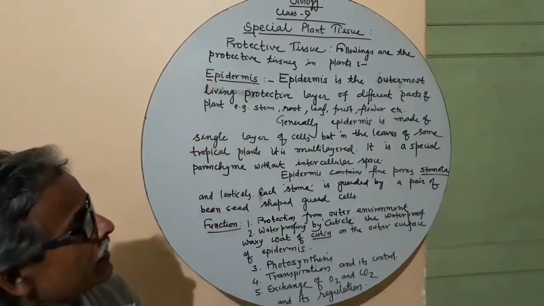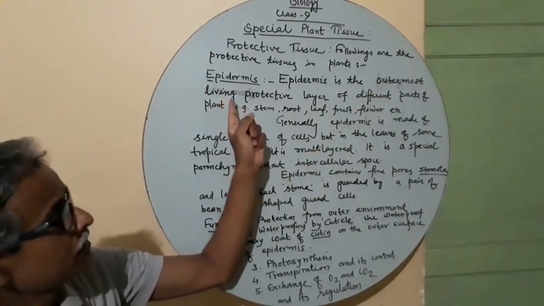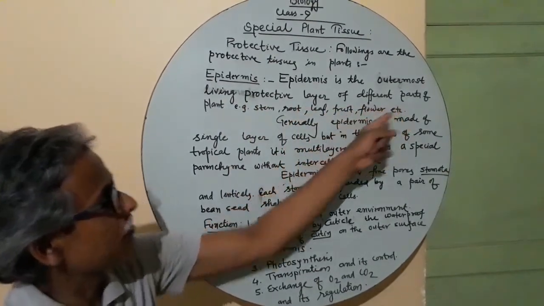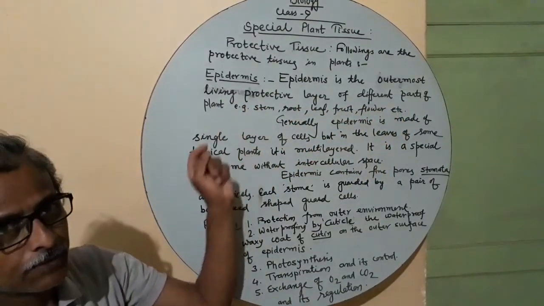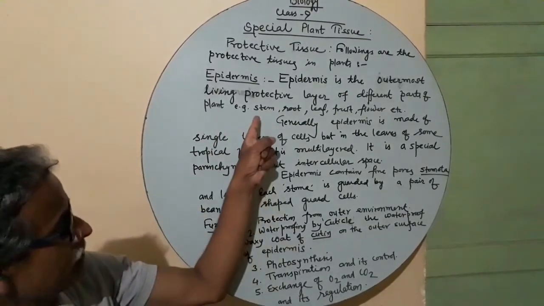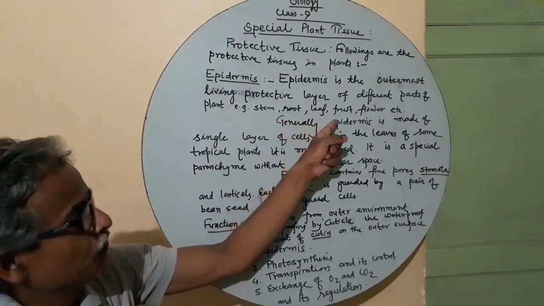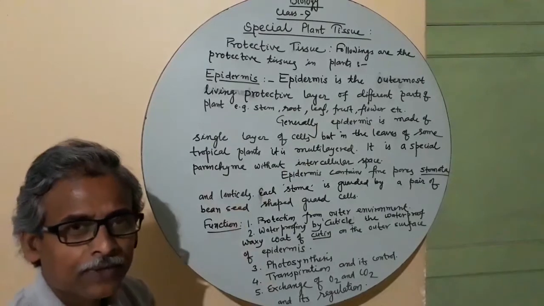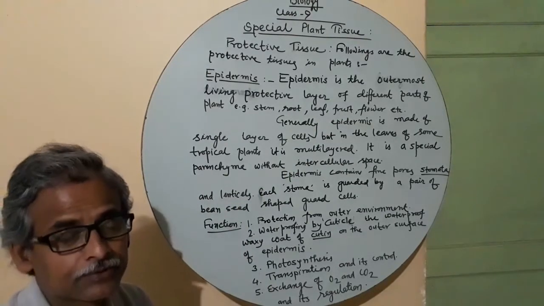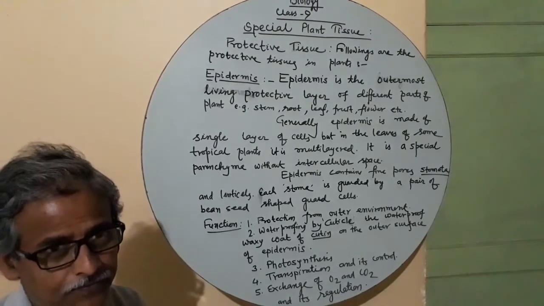Epidermis is the outermost living protective layer of different parts of a plant, as for example stem, root, leaf, fruit, flower. The outer surface of all these parts has epidermis.